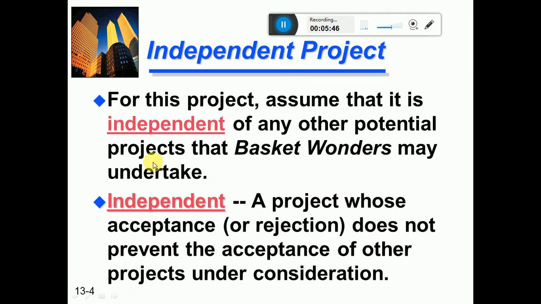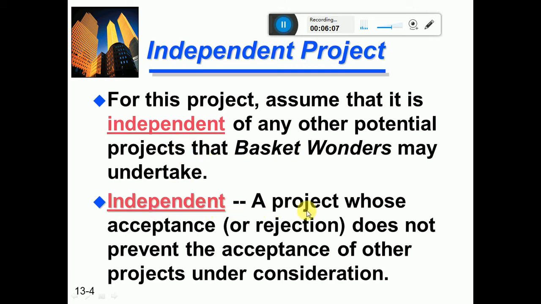Before this, what is given here? For this project, assume that it is independent of any other potential projects that Basket Wonders may undertake. So this is an independent project, not dependent on any other projects in this business that Basket Wonders is interested in.